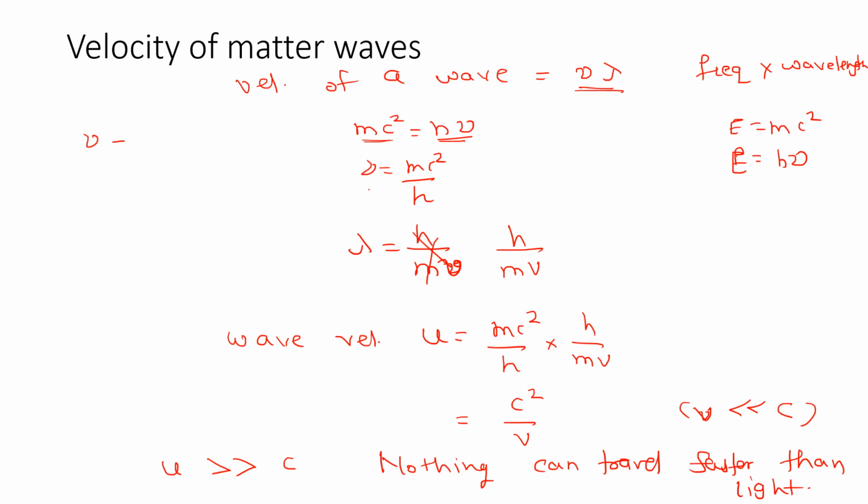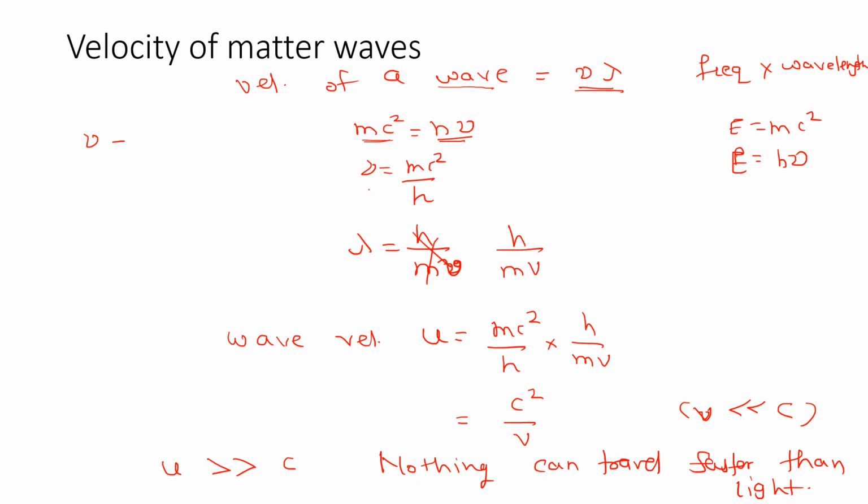So what can we say here? We have to apply some other type of wave which is not a sine wave or cosine wave, not a monochromatic wave. If we apply such a monochromatic wave, u is equal to nu into lambda, then we get a result which cannot be true. So we have to think of some different kind of waves.